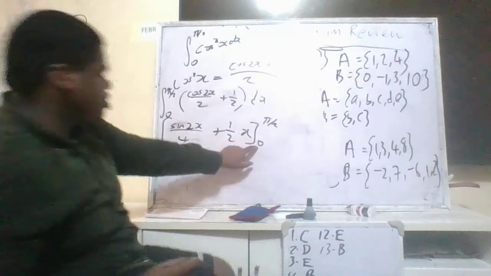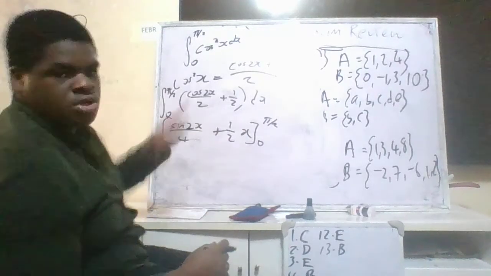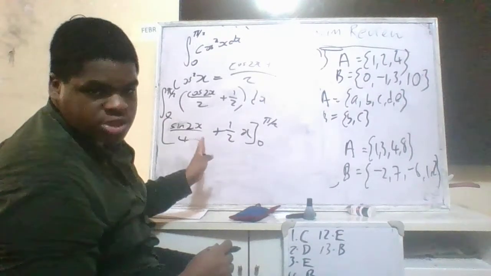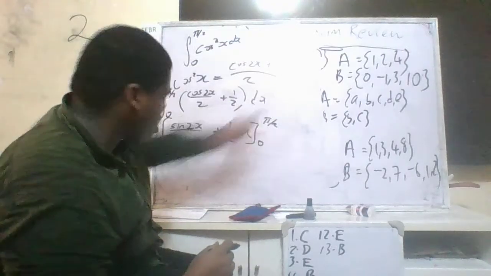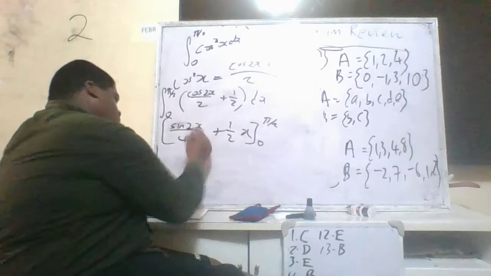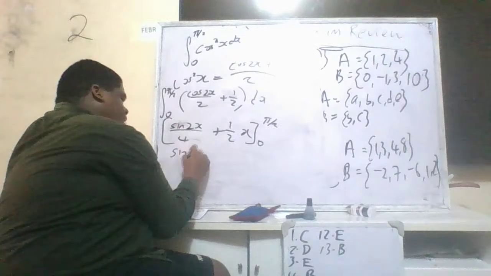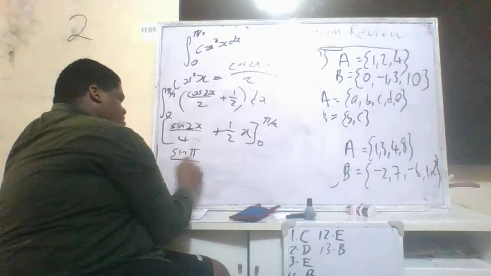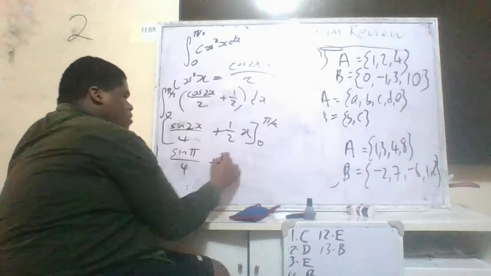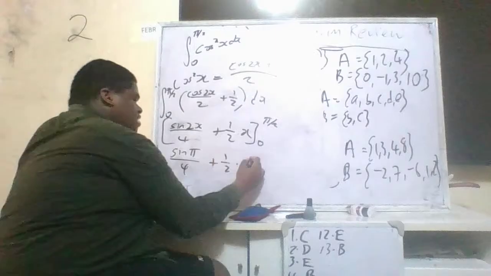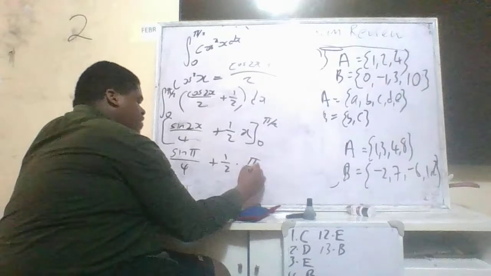Remember, when x is equal to 0, this will be 0 plus 0. There's no need to plug in x equals 0, so you're only going to find where x equals pi over 2. When x equals pi over 2, this will be sine pi divided by 4, plus 1 over 2 times pi over 2.